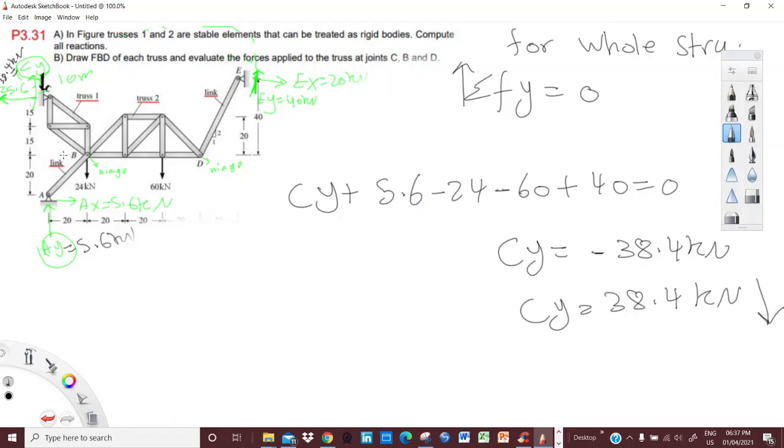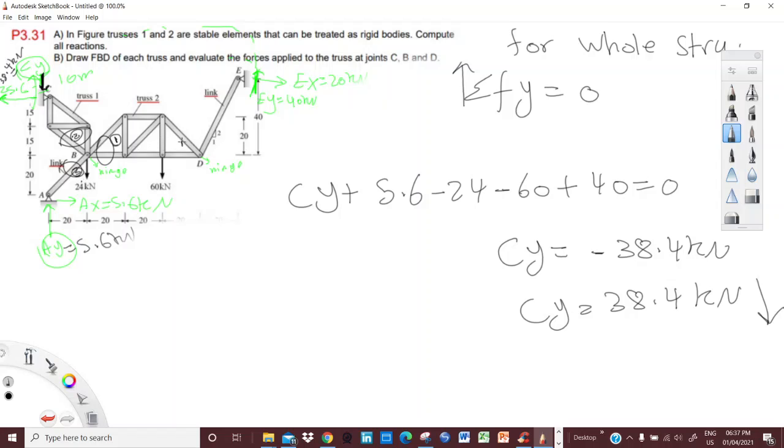And as a whole structure, try to focus on the whole structure. You know why I couldn't: this internal load is not equal to this, since when we split the structure three times, let's say this is part 1, part 2 and part 3, it's not equal. 1 is not equal to 2 and 2 is not equal to 3.